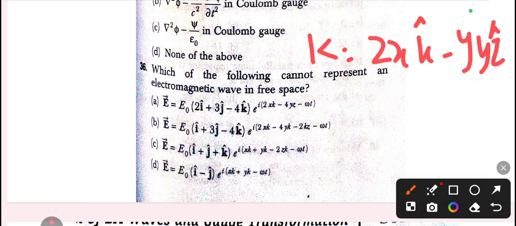This is the k. And what is the E? E is the E naught, for example, 2i plus 3j minus 4. This is for the option number A. Try this for all the options, and you will find B option does not satisfy this equation.